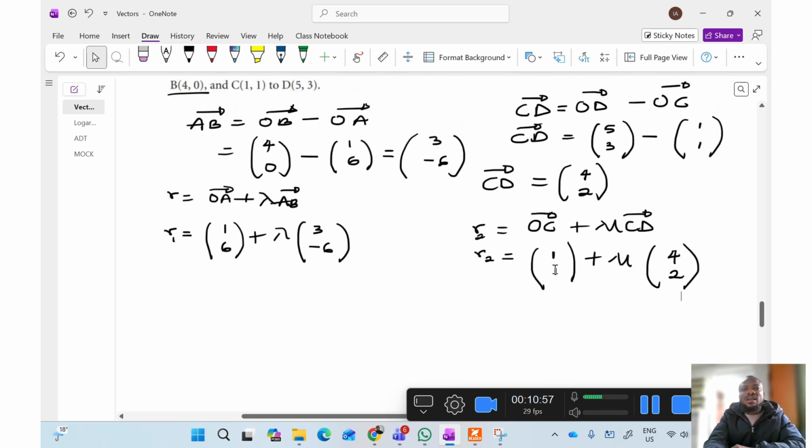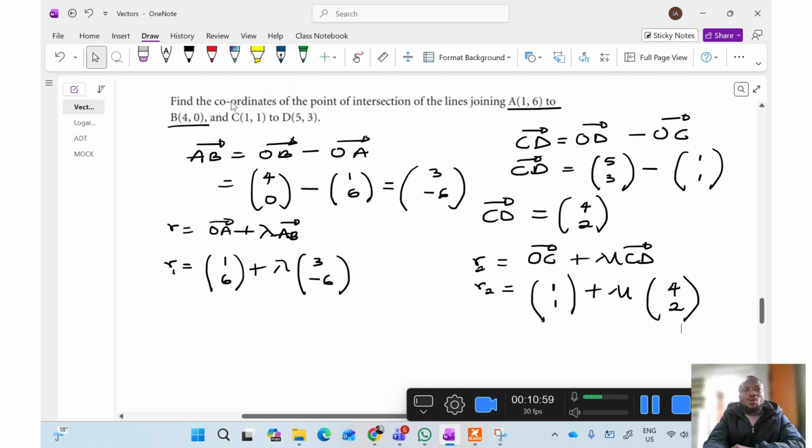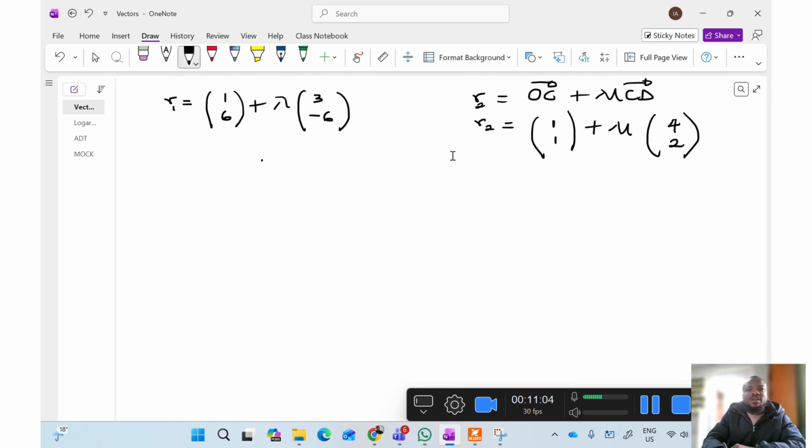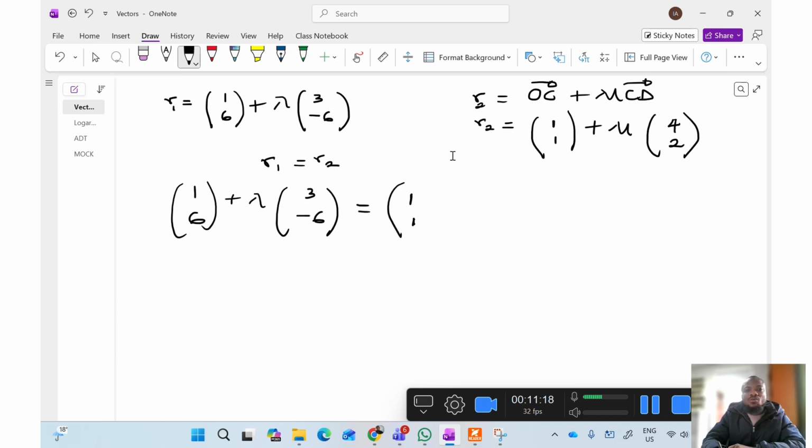Since the lines intersect, we are asked to find the coordinates of the point of intersection. That implies that R1 must be equal to R2. R1 is 1, 6 plus lambda 3, minus 6. It must be equal to R2, which is 1, 1 plus mu 4, 2. I hope this is well understood.